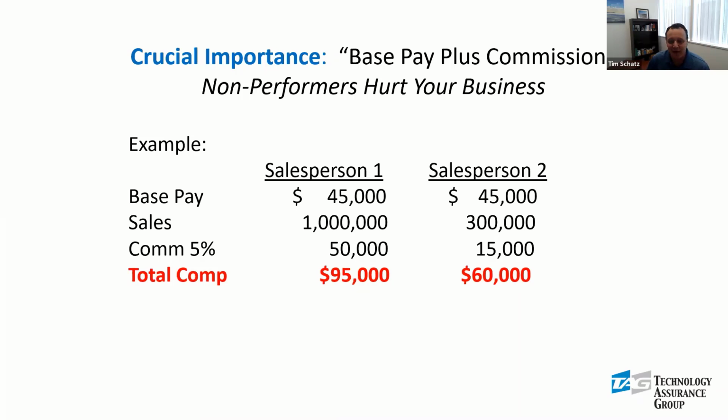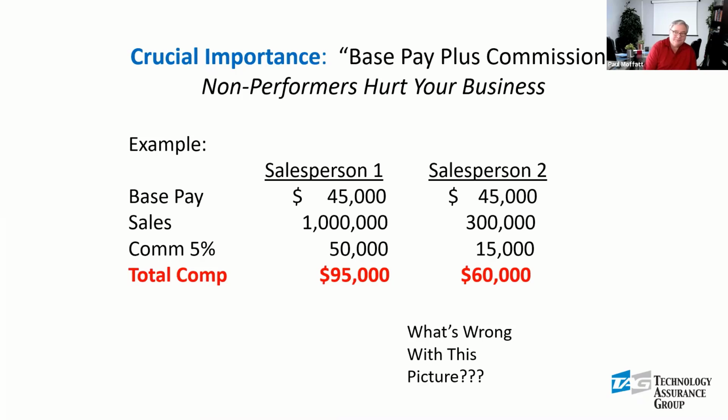But the question now is, what's wrong with this picture? And can anybody chime in here? What do they see as wrong with what we just showed here with the sales for these two salespeople in terms of their compensation? Does anybody want to guess? I could guess, but it's not fair. Yeah. Paul, you've seen this before. Yeah, I have. Should the first salesperson be making significantly more?